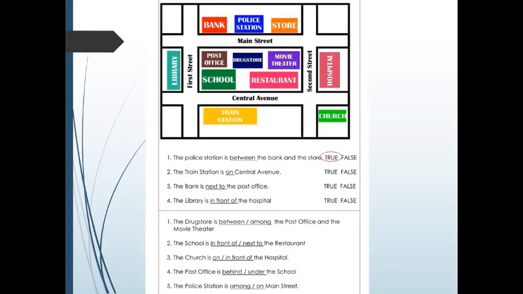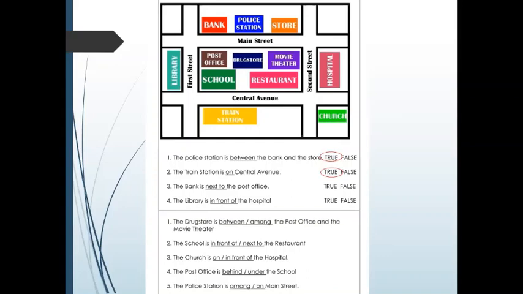The train station is on Central Avenue. So write the answer in your notebook. The train station is on Central Avenue. The train station is the yellow one, right? Yes or no? Yes, right? It is true. The train station is on Central Avenue. The bank is next to the post office.